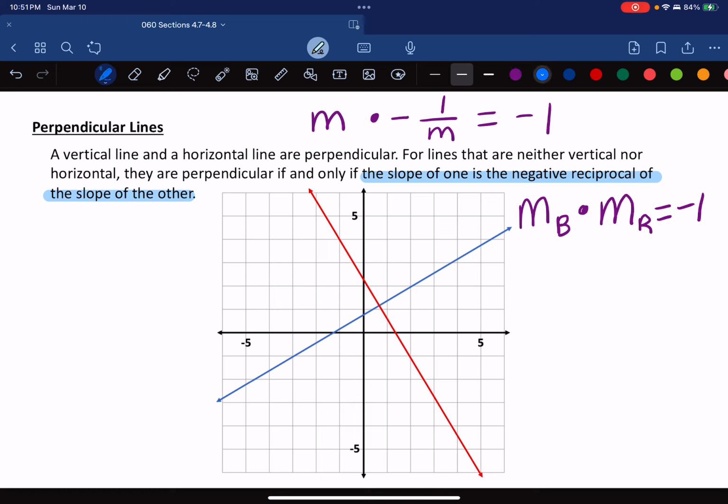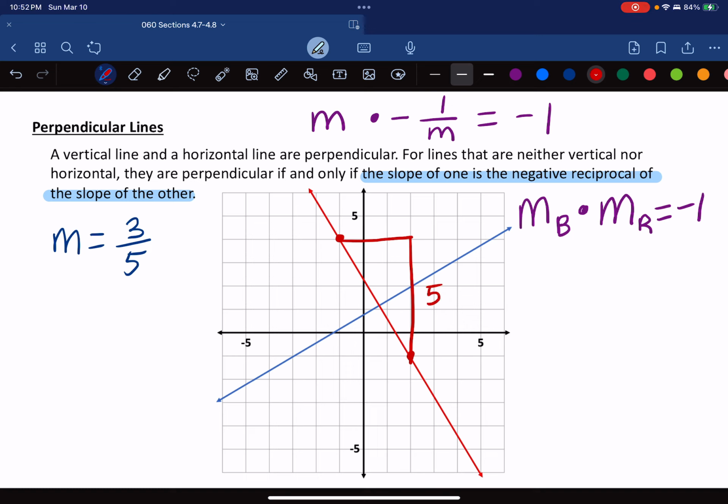So this blue line is the same line from before. So my blue line, we know our slope is 3/5 because that's the same line. The red line is not the same, so we do have to find our slope for the red line. So let's create our slope triangle. And it looks like 1, 2, 3, 4, 5.